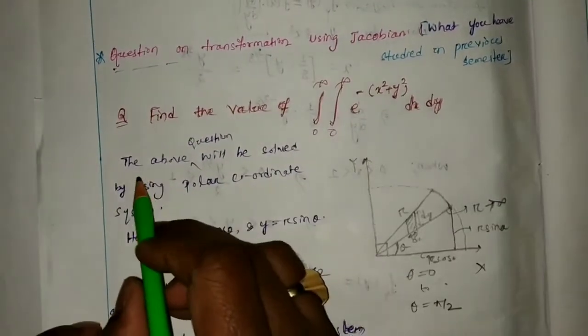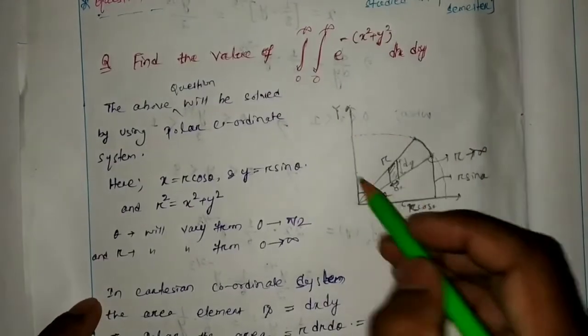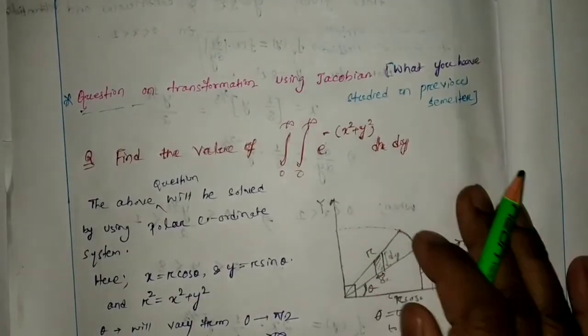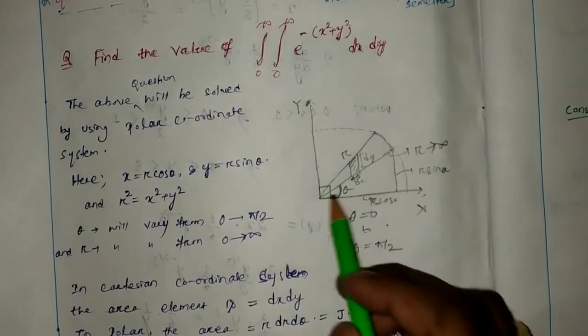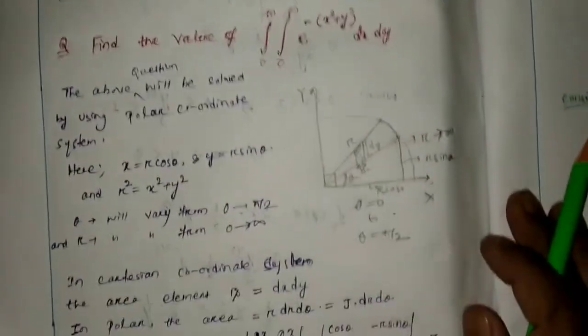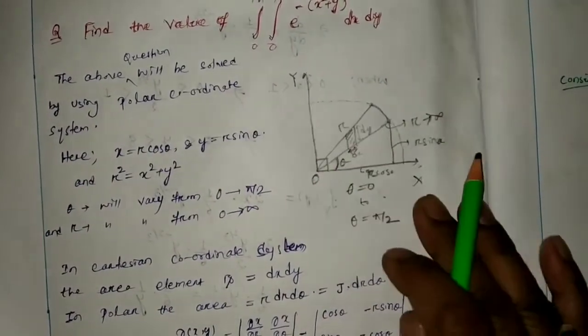So here the above question will be solved by using the polar coordinate system. Here you can see that dx dy means, in the case of the Cartesian coordinate system, we have this along the x-axis, along the y-axis, and the limit changes from 0 to infinity. 0 to infinity means x changes from 0 to infinity, y also from 0 to infinity.